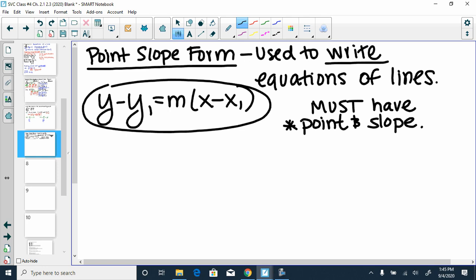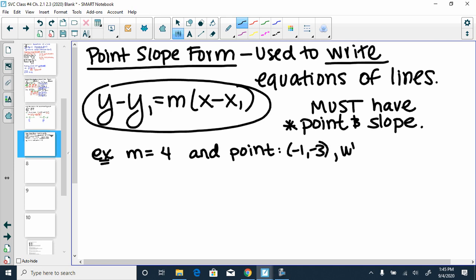So let's just look at a basic example of using the form, and then we're going to go into all the different types. Okay, so what if I know that the slope is 4 and a point on the line is -1, -3? What is the equation of the line?